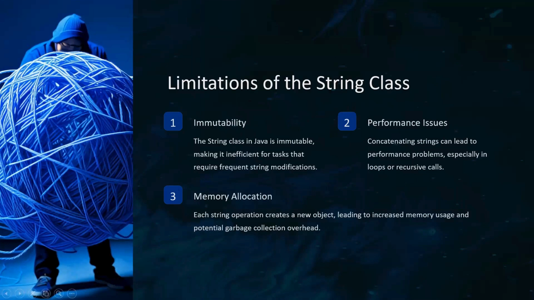Coming to performance issues, it leads to many performance problems during concatenation, especially in loops and recursive calls. Coming to memory allocation, with the String class each string operation creates a new object, which leads to more memory usage.